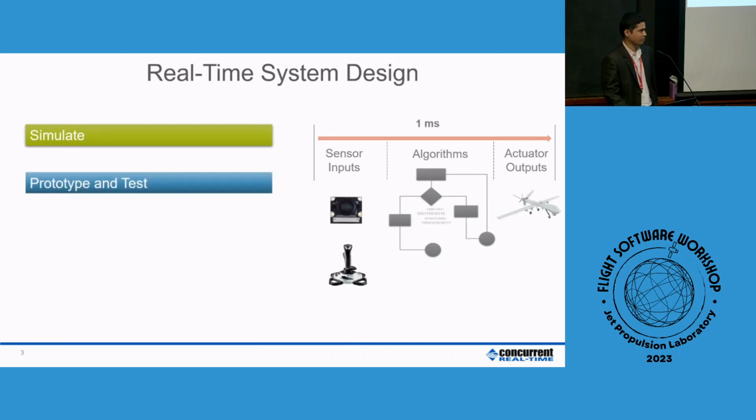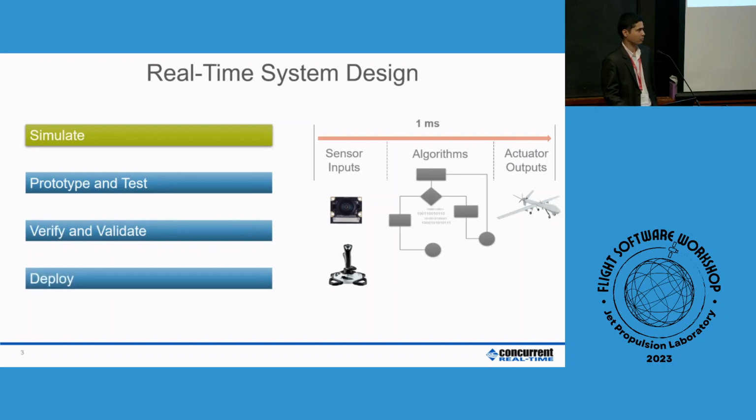And then maybe when you are ready to prototype and test it further, you add your hardware in the loop, such as sensor inputs. For my case, I have a joystick or a camera, and then I send the signals out to the actuators. I further verify and validate my system before I eventually deploy.